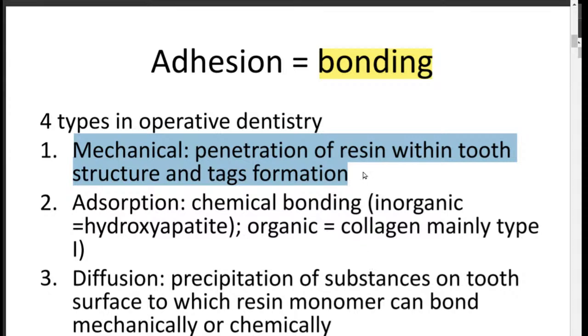Mechanical, penetration of resin within tooth structure and tags formation. It's just a mechanical adhesion force, meaning that it is the penetration of resin within tooth structure and tags formation.